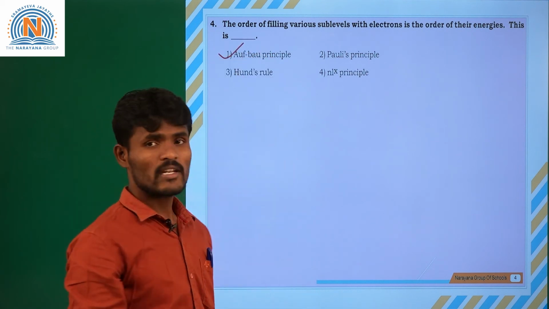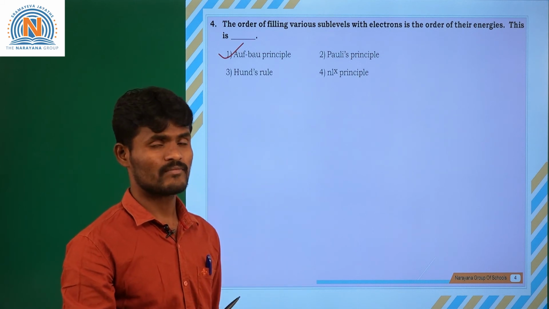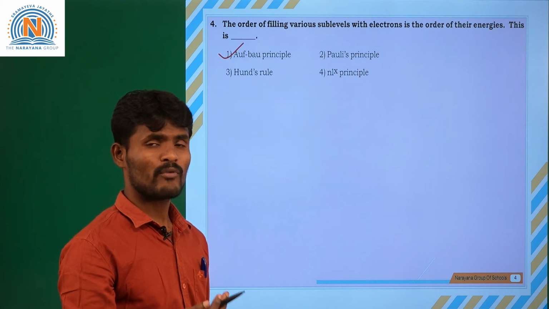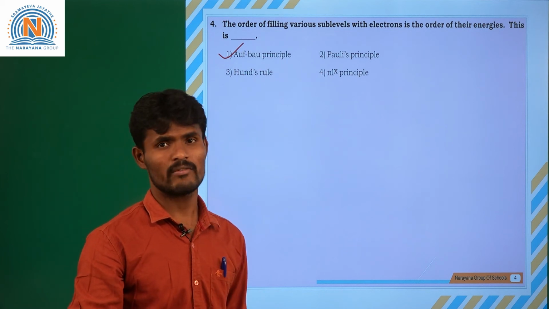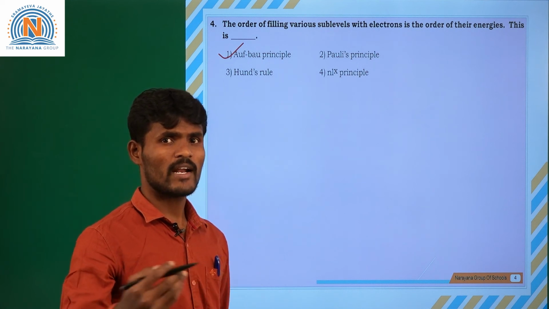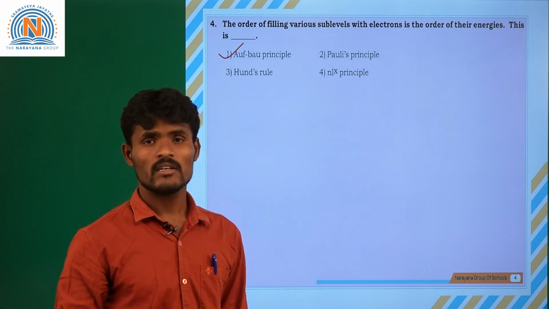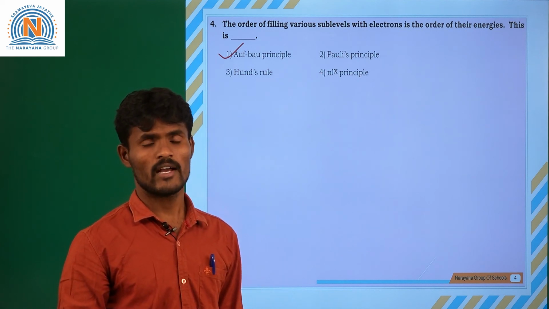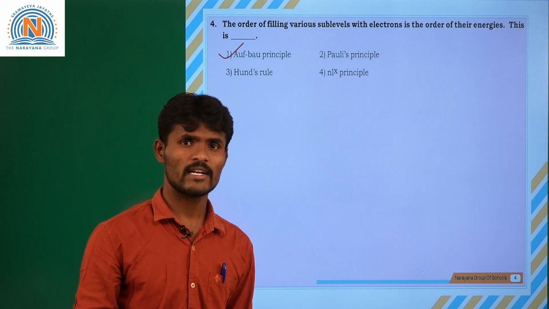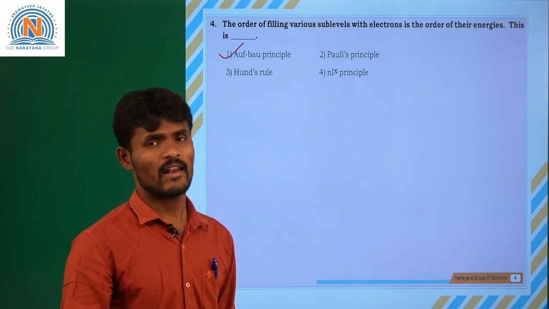In German, Aufbau means building up or construction. The first electron enters into the least energy level, and gradually the electrons enter into higher energy levels. So here the answer is the first option, that is the Aufbau principle.